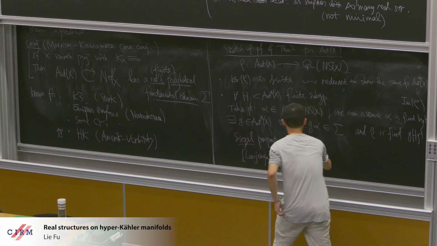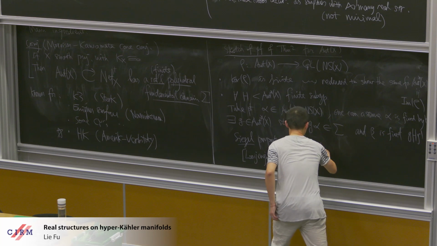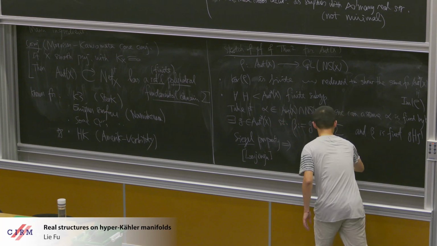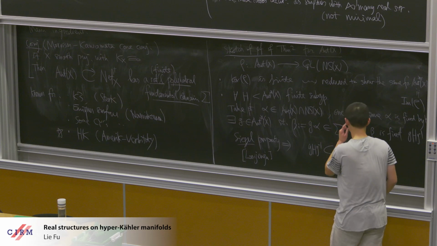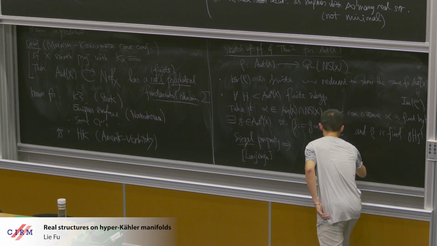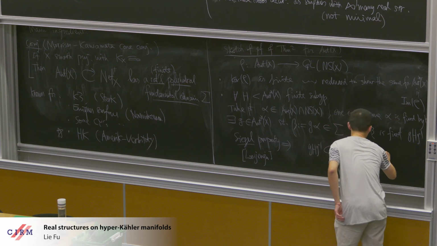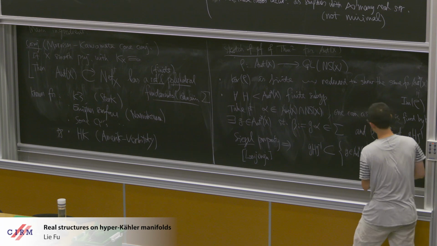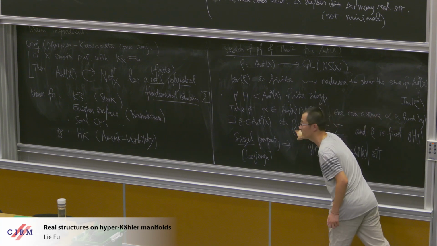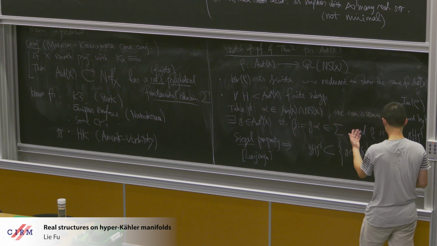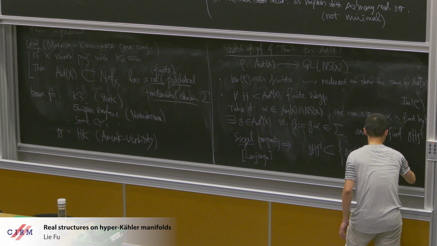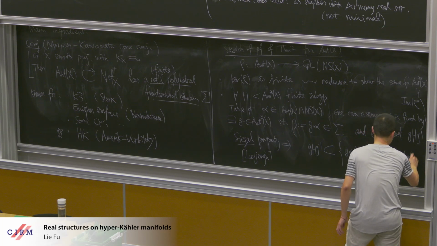Then it implies that g inverse is inside some finite set, such that, where pi is the unique face of sigma whose interior contains beta, such that pi sigma intersect the ample cone is non-empty.